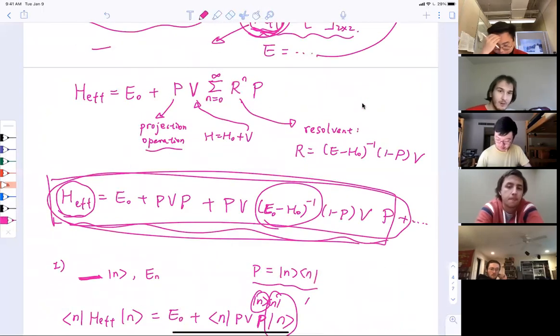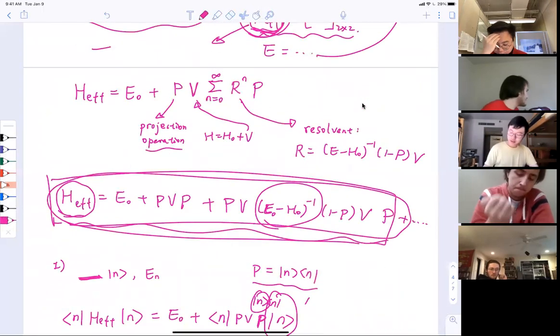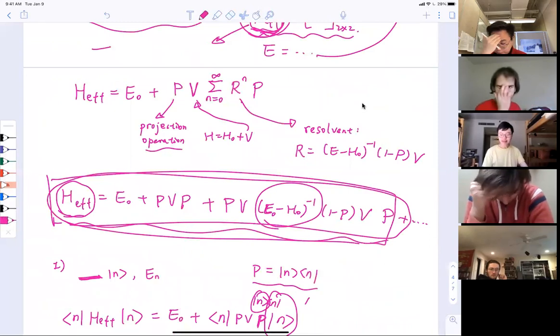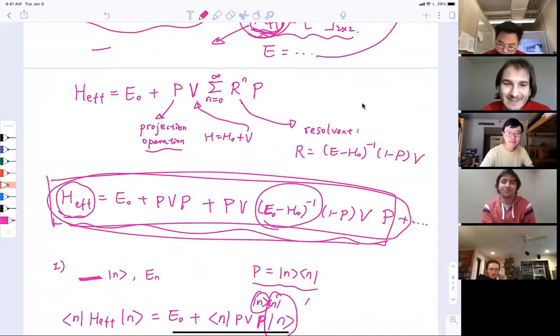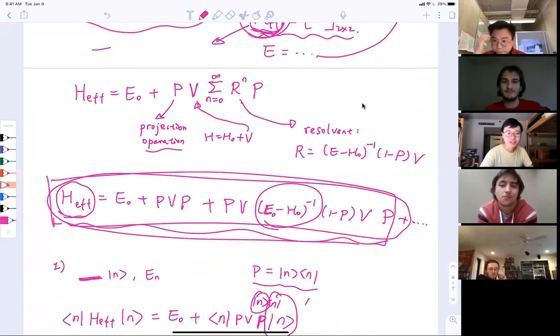I'm pretty sure this will not be tested in your exam, but I think it's useful for you guys. Actually, Yaroslav talked about that in the lecture. This is how he derived the perturbation expansions, but he didn't make a big deal about how this was more general. I see.